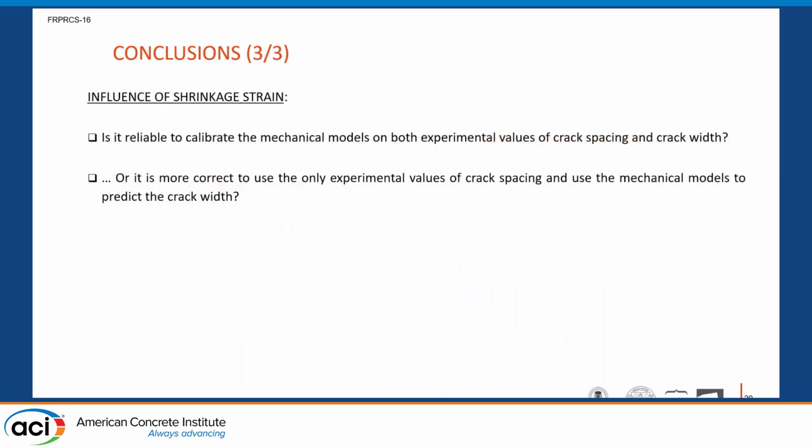Finally, for the influence of shrinkage, we want to let you know something. Is it reliable to calculate the mechanical models on both experimental values of crack spacing and crack width?